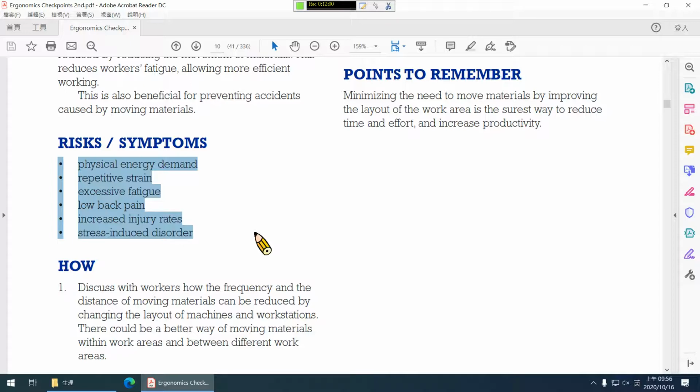Because these things are risk. In order to see some symptoms, it takes time. It's not immediate. Maybe for an operator to have low back pain, you have to wait for 10 years, after this operator has been exposed in this work for more than 10 years.